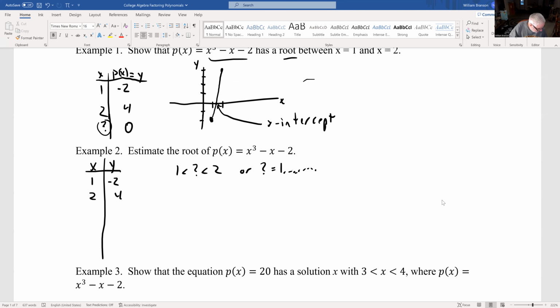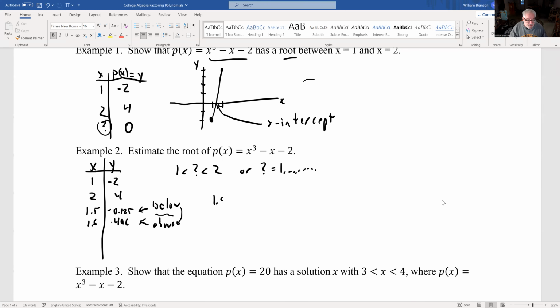So you can plug in other numbers and see what you get. If you plug in 1.5 and 1.6, you get that the y values are minus 0.125 and 0.496. So this point is below the x-axis because its y-coordinate is negative. This point is above. And if you go from below the x-axis to above the x-axis, somewhere in there you have to have an x-intercept.